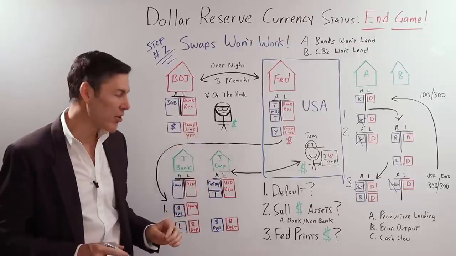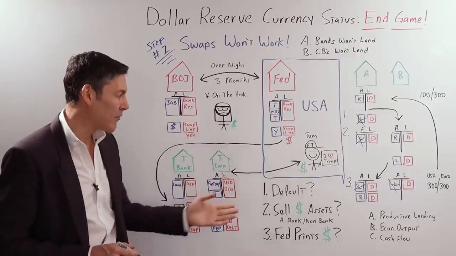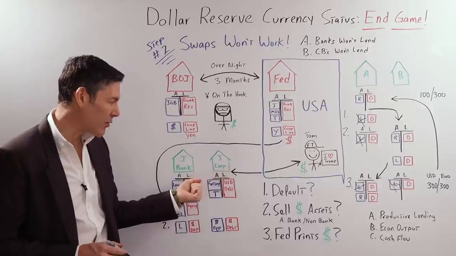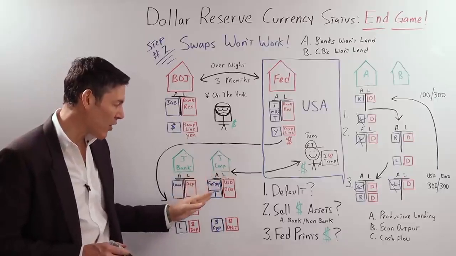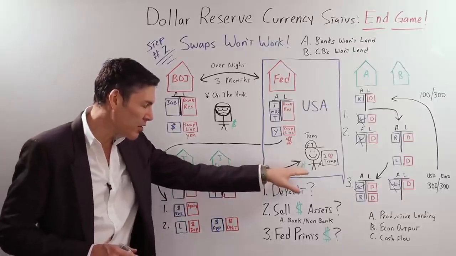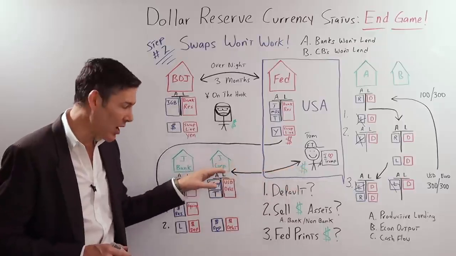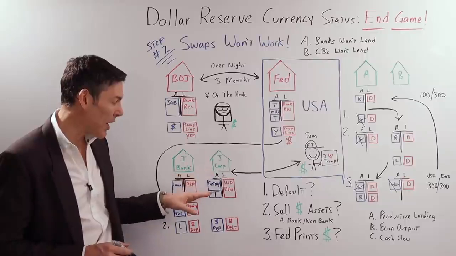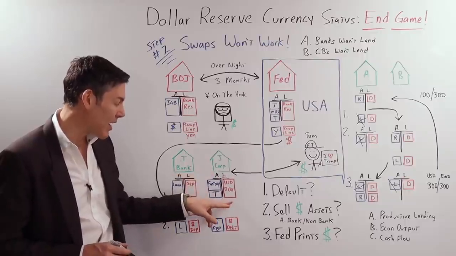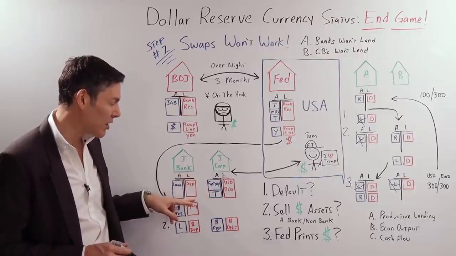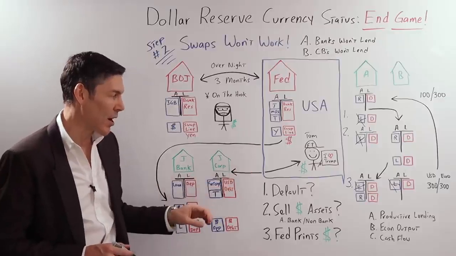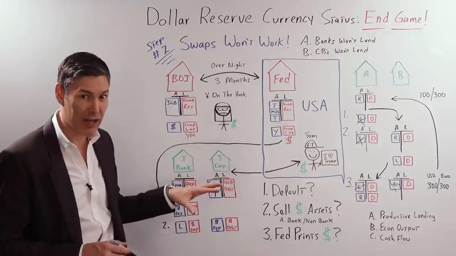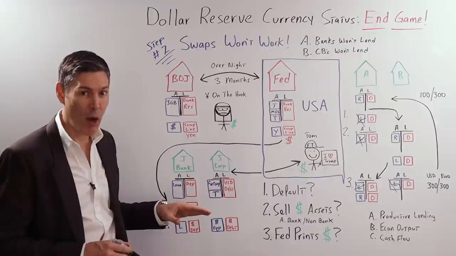And then to make matters even more complex, the treasuries go to Tom, the dollars come outside of the United States to J Corp. If J Corp pays back the US debt to a financial institution, it decreases the amount of dollars outside of the United States. So it's basically a wash.